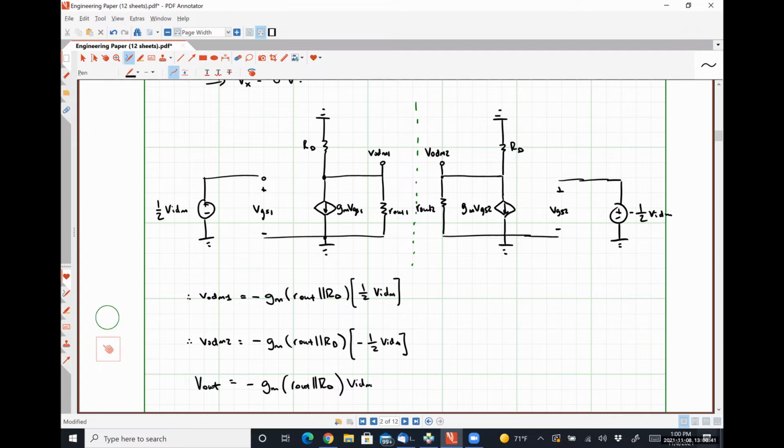So if we take either of our outputs with respect to ground, we wind up carrying through that DC offset at the output. But when we take the output as a difference with respect to each other, the DC bit gets thrown away, and all we see at the output of our circuit is the amplified differential mode signal, right? So that's pretty dang useful.